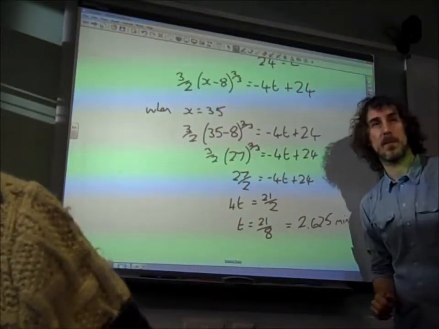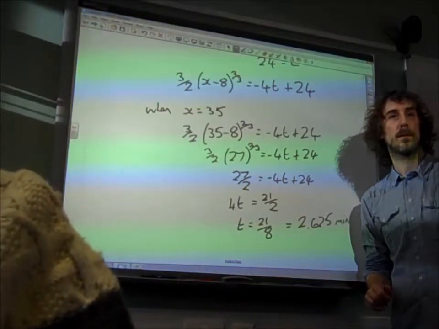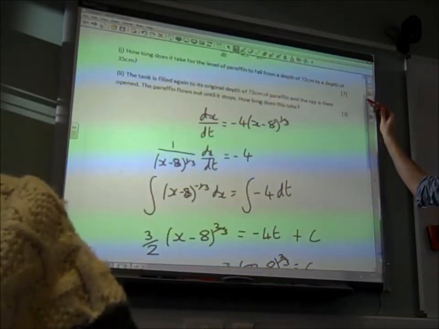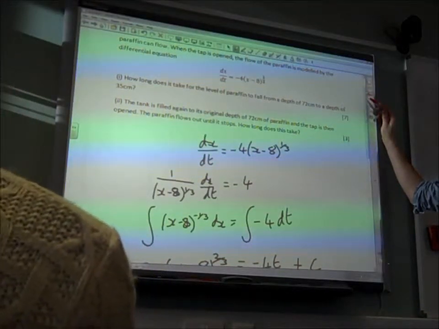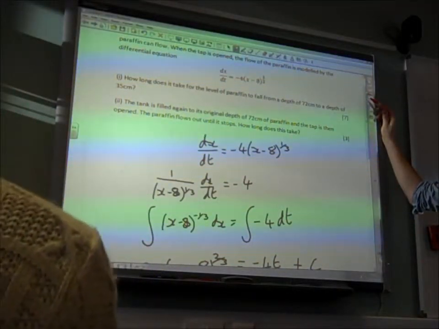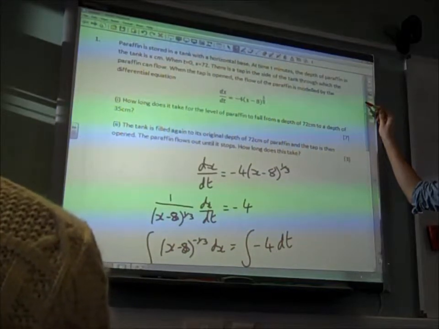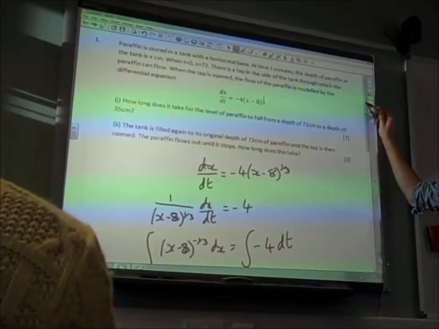Excellent. Georgie, are there any other methods? Because my student flipped it at the beginning and then integrated it. I think they flipped it to write it as dt over dx, one over the other, and did it as a definite integral.